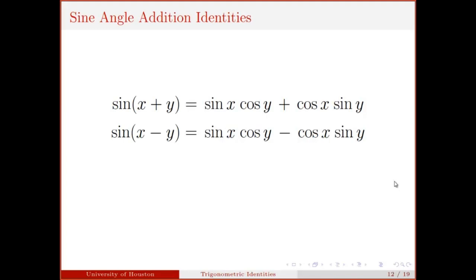Another important set of identities are the angle addition identities. First, for the sine function, we have that sine of x plus y is equal to sine x times cosine y plus cosine x times sine y. And the sine of x minus y is equal to sine x times cosine y minus cosine x times sine y.